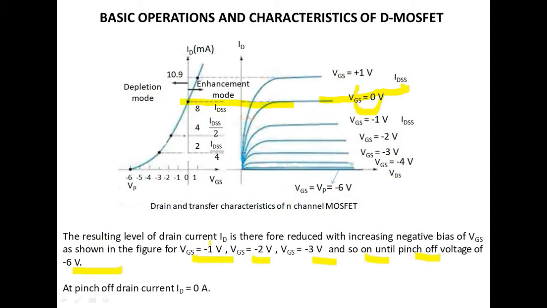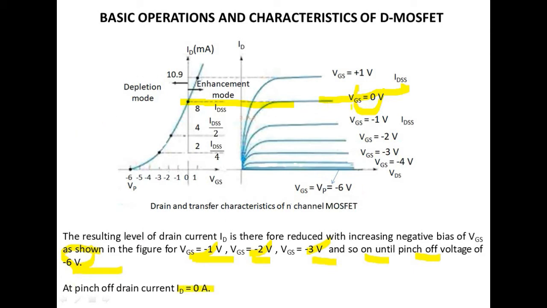The resulting level of drain current ID is therefore reduced with increasing negative bias of VGS, as shown in the figure for VGS equal to -1 volt, -2 volt, -3 volt and so on, until the pinch-off voltage of -6 volt, and at pinch-off the drain current ID will be equal to 0 ampere.